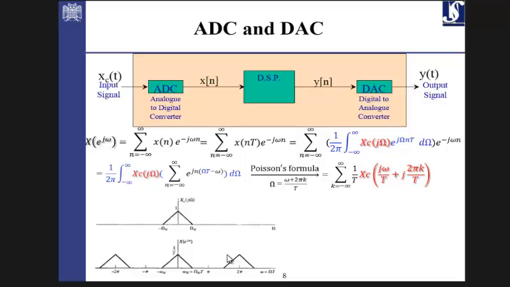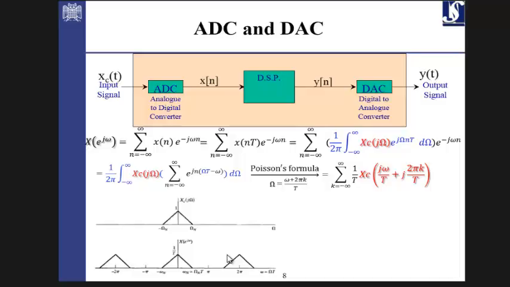Again, these are linear transforms. And we know that the Fourier condition is absolute summability, or stability in the BIBO sense. It means that whatever is inside both the integral and the sigma is bounded.